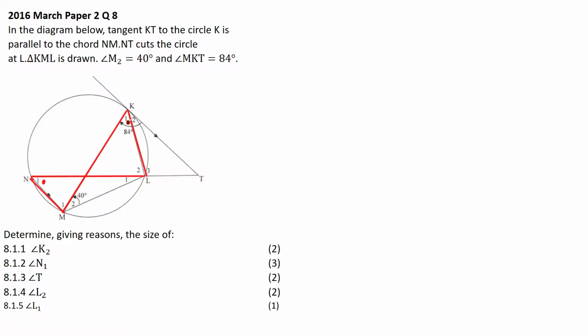When it comes to calculating K1, it's going to be easy. Remember that K1 and K2 from the diagram are equal to 84, but K2 we found as 40, so K1 becomes 44.